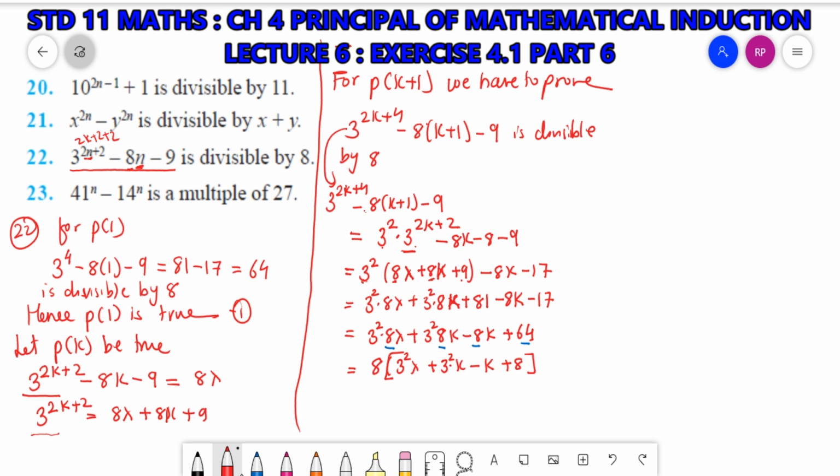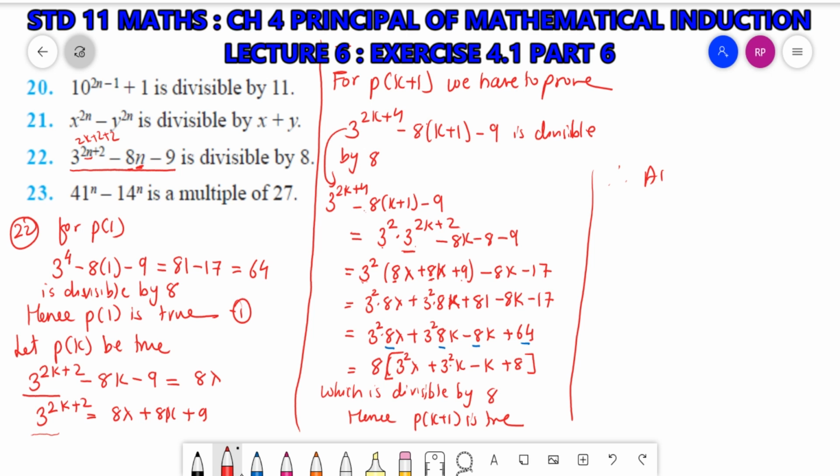Now see here, I have taken 8 common. That means it is divisible by 8. Hence, P of k plus 1 is true.